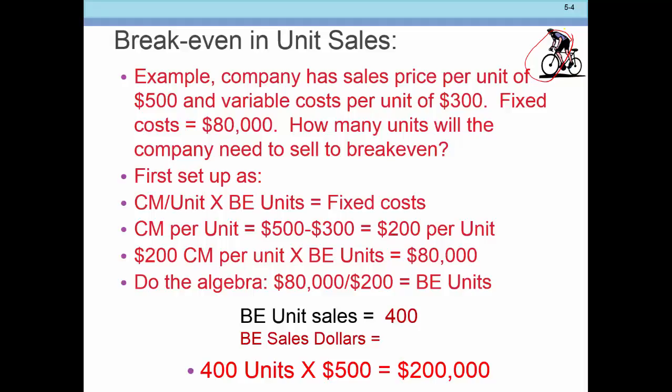So, example: a company has a sales price per bike per unit of $500 and variable cost per unit of $300. So every time you make a bike, you've got to cough up $300, don't you? To produce this bike. If you don't pay that $300, you don't have a bike.